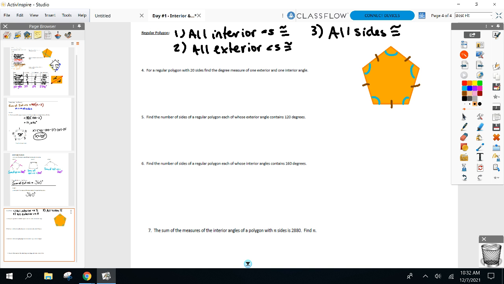Wait, they all add up to 360. Because you gotta keep the sum for all the angles. Right. But then you would divide that by 20. So then it'd be 360 divided by 20, one exterior angle.